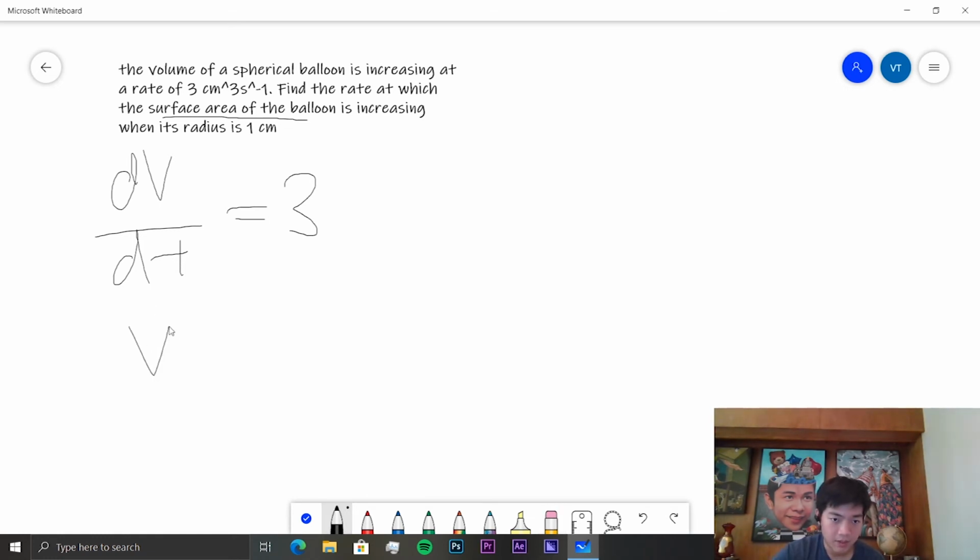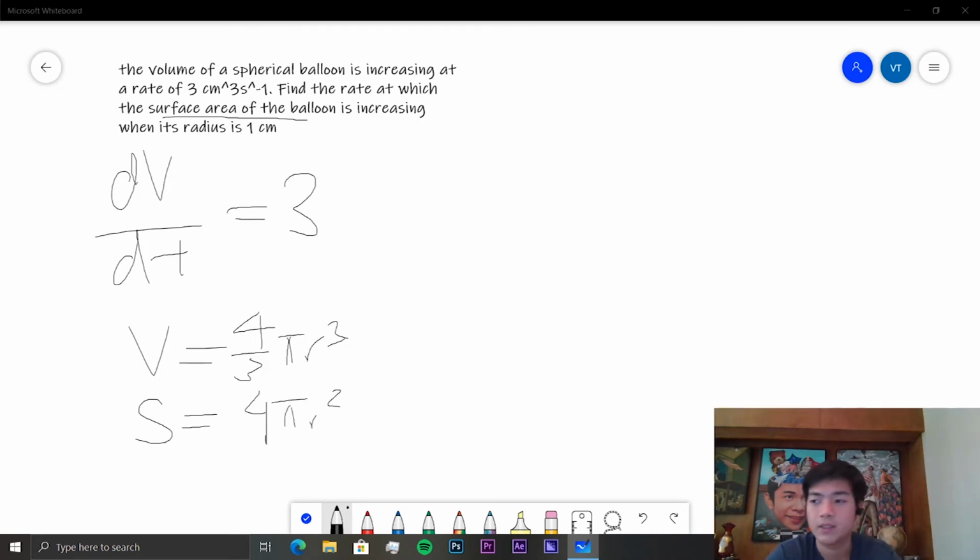So the volume is equal to 4/3 pi r cubed, and surface area is 4 pi r squared, I think. Let me just check that. Surface area of a sphere, 4 pi r squared.